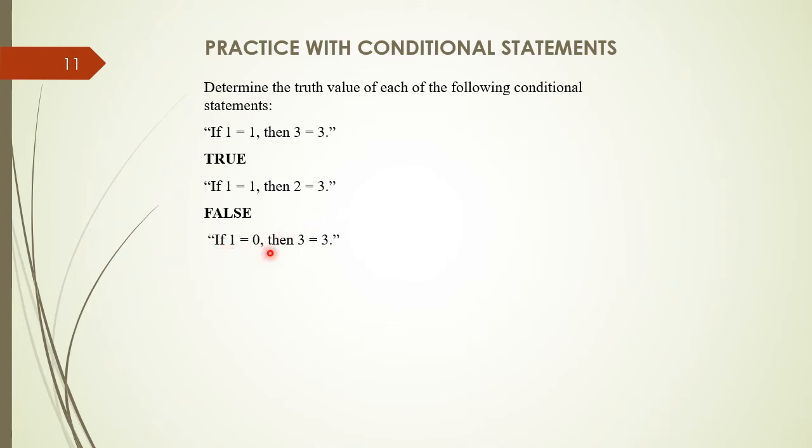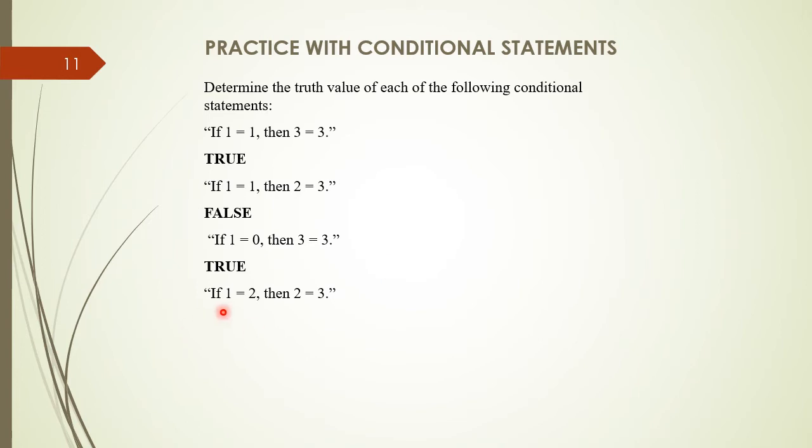If 1 is equal to 0, then 3 is equal to 3. What do you say about the truth value of this conditional statement? Yes, it is true because whenever the truth value of the if part of the conditional statement is false, then whatever the truth value of its consequent part or then part, the overall truth value would be true.